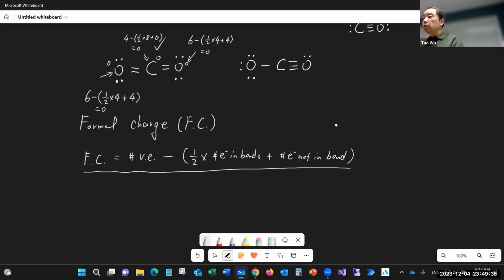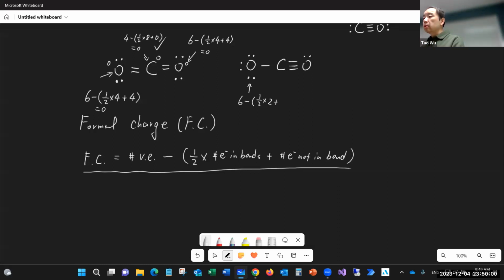But if we look at this one on the right side, this oxygen: 6 minus 1/2 times the number of electrons in bonds. This guy only has a single bond, so 2 electrons, times 1/2, plus the number of electrons not in bonds.